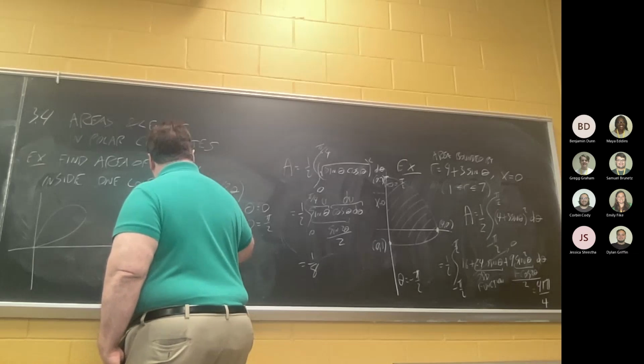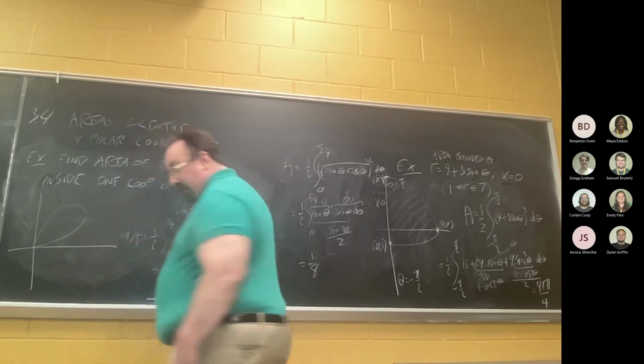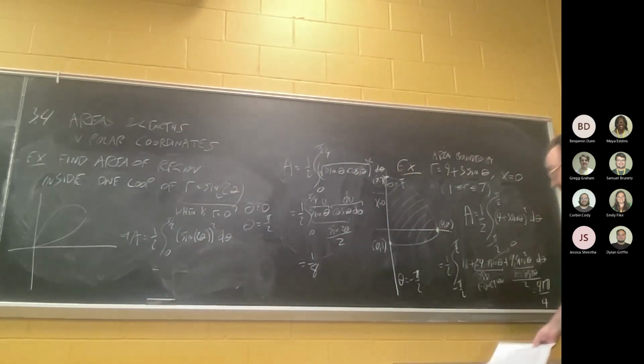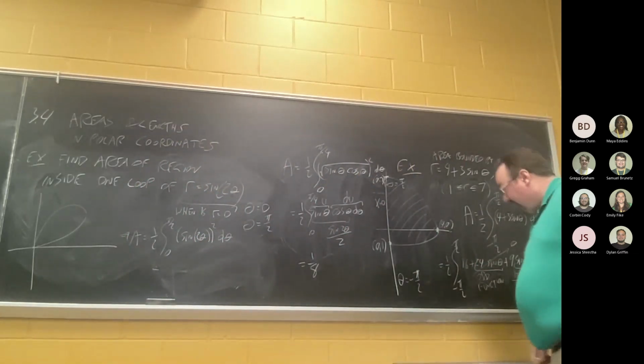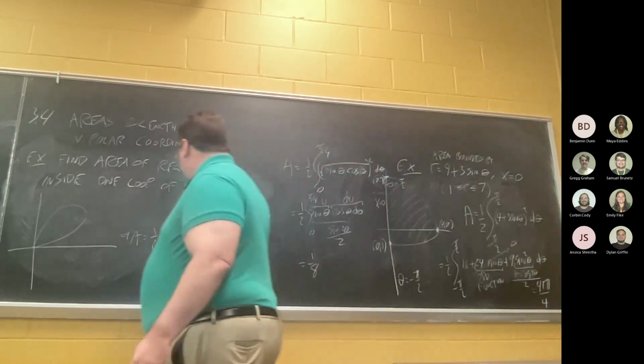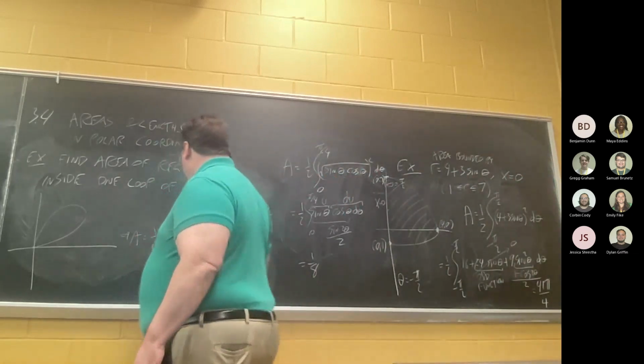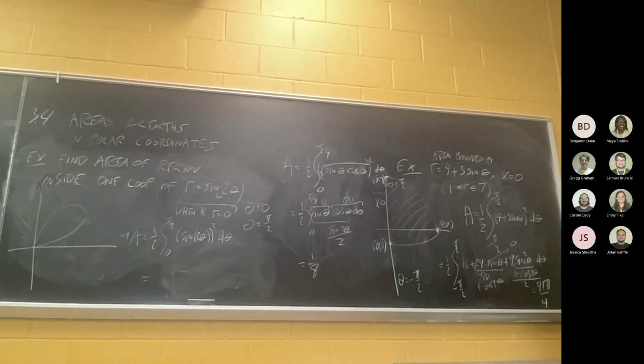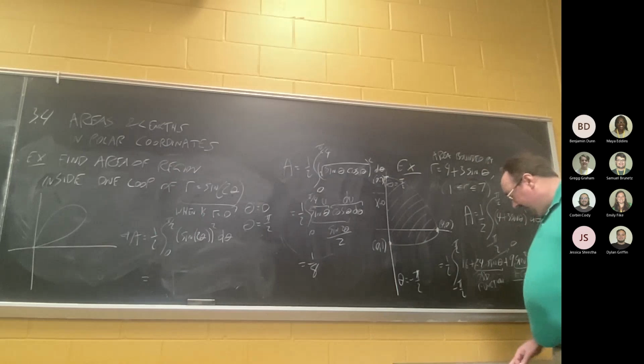sine of 2 theta squared d theta. So if I want to rewrite this in a way that can actually be integrated, what would I end up with?